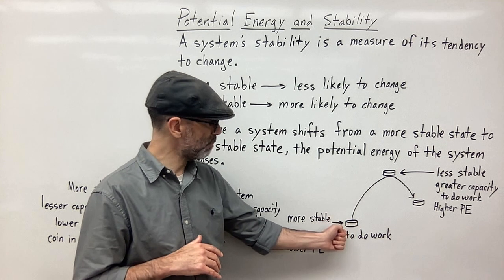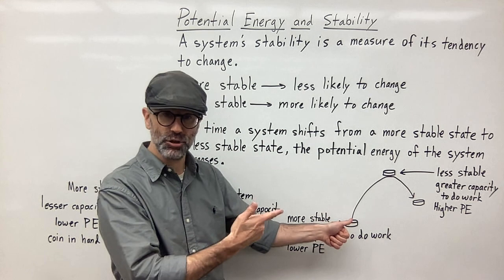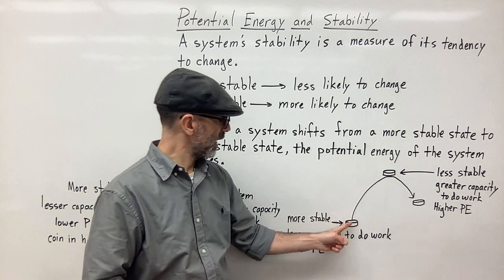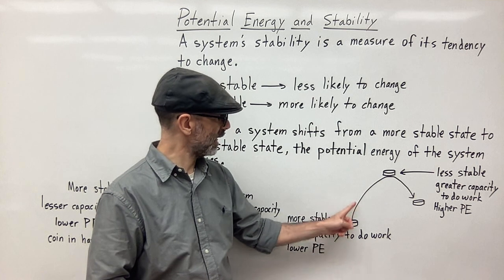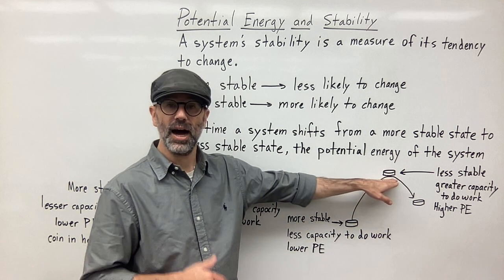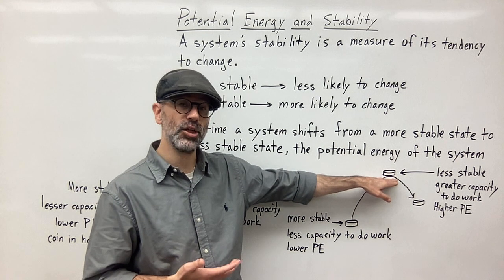As soon as I put energy into it, I flip the coin, I've added energy to this system. Now the coin goes up. And so it's got kinetic energy, it's going to go to here.